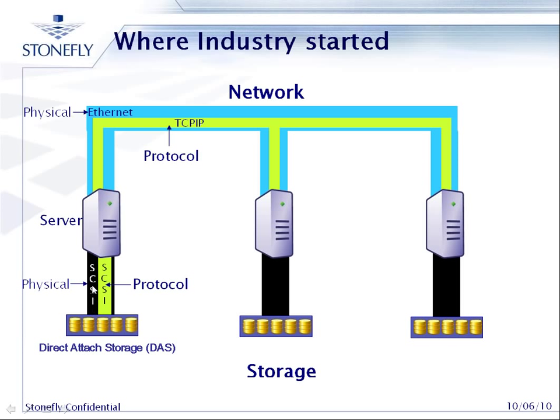The direct attached storage was a SCSI physical connection to the server with a SCSI protocol running over that SCSI link, and you have the DAS for each server. The problem with the DAS was the free pool of storage: if one of the storage had extra space, it could not share it with the other servers. That was the main issue with the DAS.